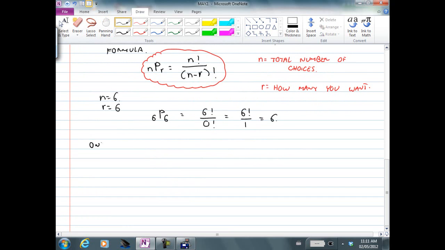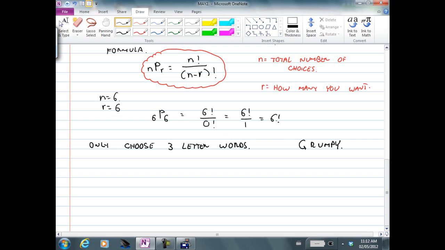Oh, sorry, I forgot one. Only choose 3-letter words now. Your word is grumpy. How many 3-letter words can I create using the word grumpy?